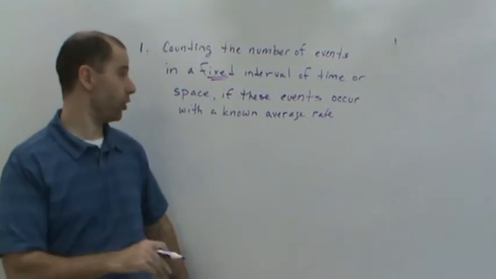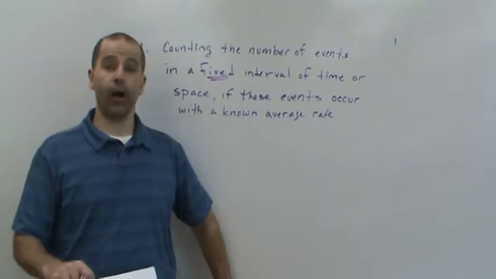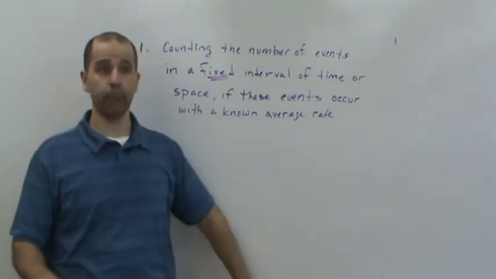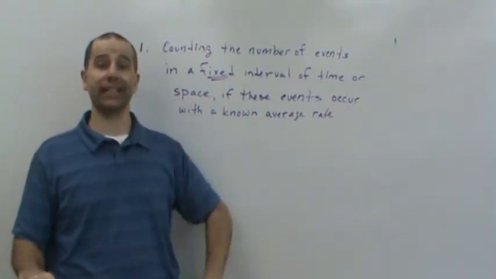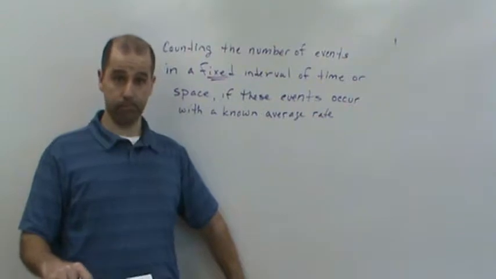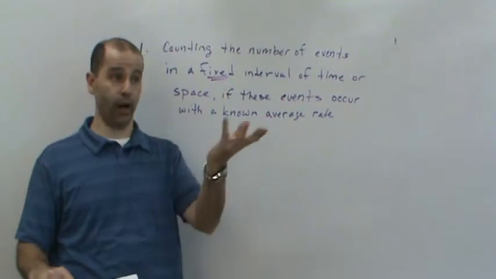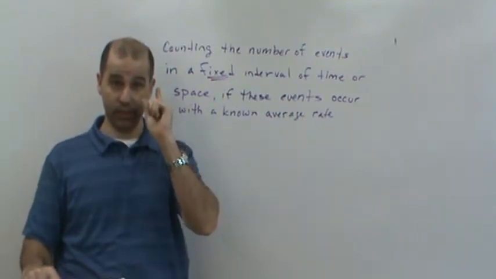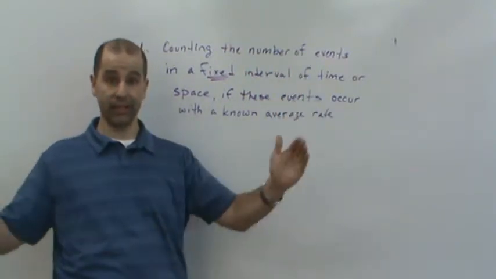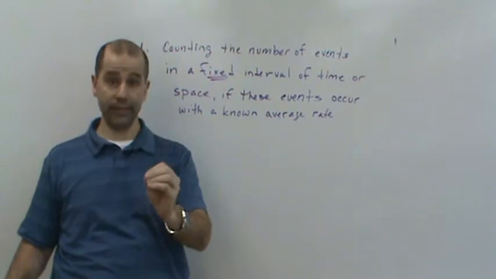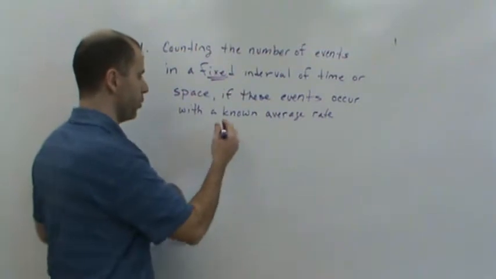So that's the known rate. Let's say the rate that cars go over any point of that stretch is 36 cars per minute on average. So that's what we mean by the known rate.